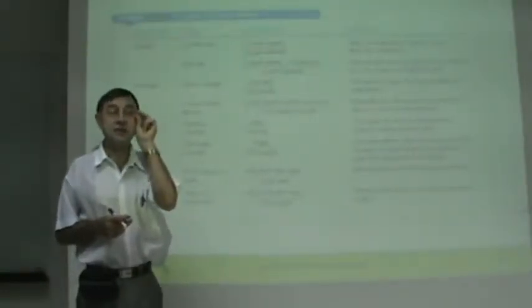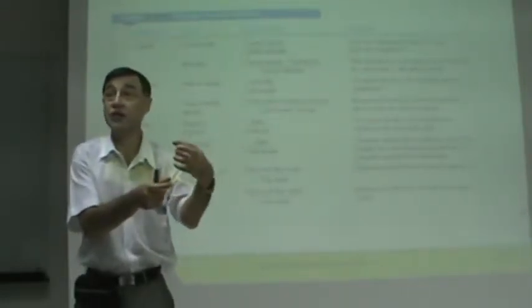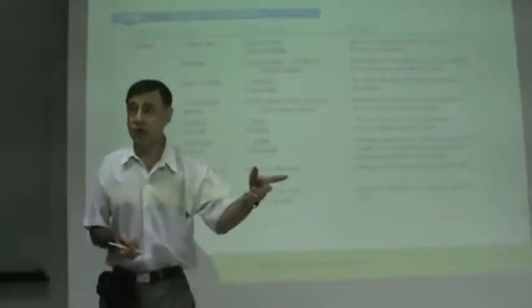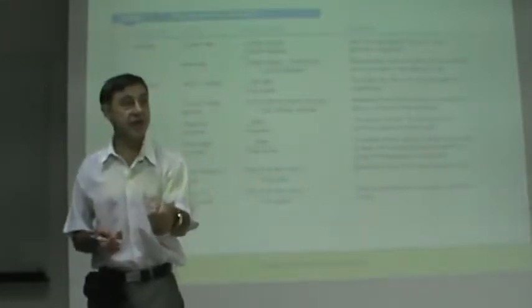Now, what the management information system is, the main idea is to provide information. That's why it's called management information system. And you need to make a difference between information and data. Data would simply be numbers and observations, a number about something.